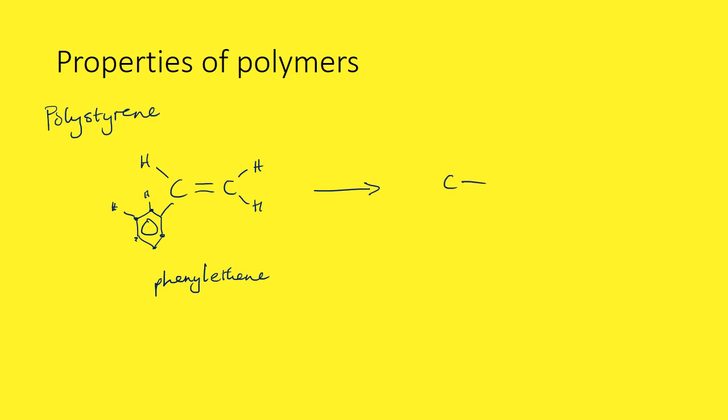Our two carbons, that was our double bond, it's now a single bond after the addition reaction. We've got one hydrogen, this hydrogen that I've just drawn, and the bond that is going to connect the repeating unit. We've got another hydrogen down here, I'm drawing it upside down.